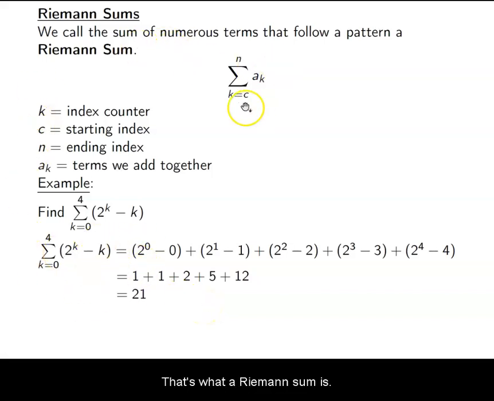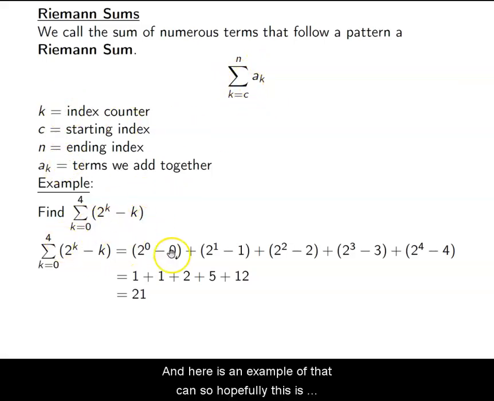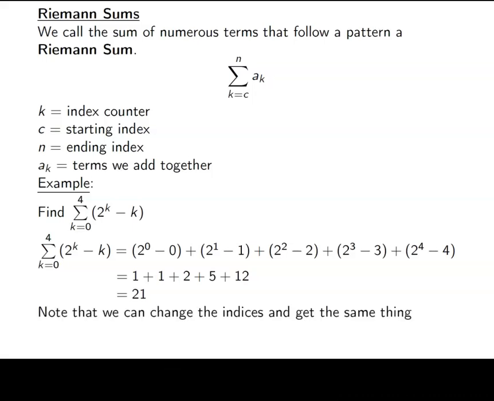But that's what a Riemann sum is. Notation wise, this is what its parts do, and here is an example of that. Hopefully this is not the first time you've seen this. Hopefully you've seen this in your pre-calc before, because you will cover this in Calculus 2 in great depth.